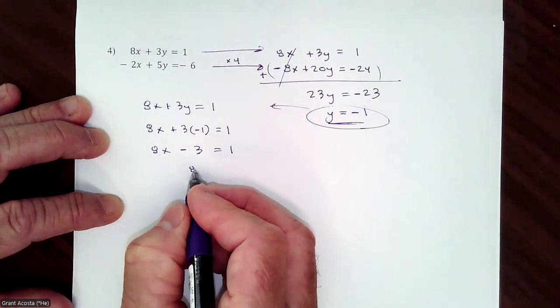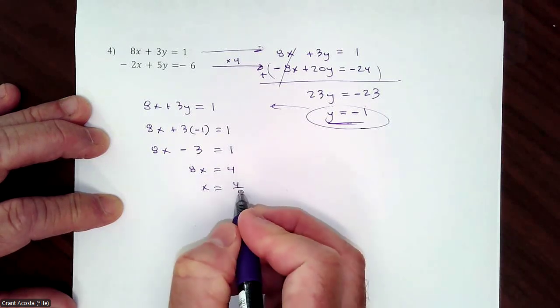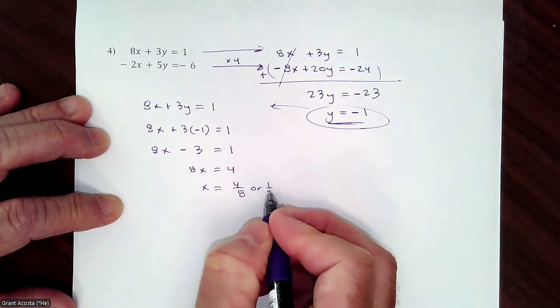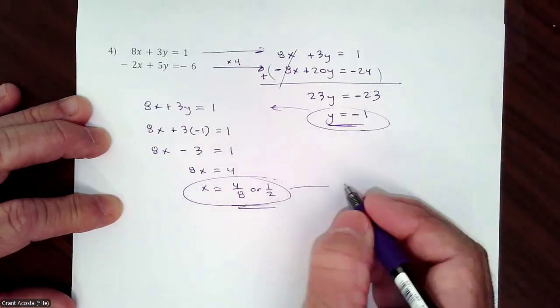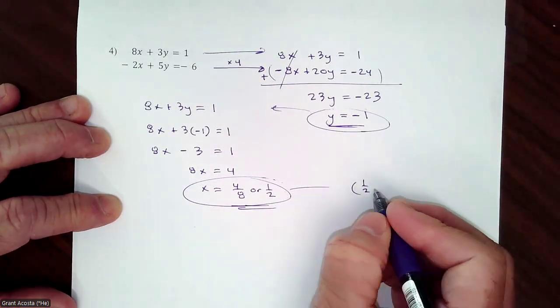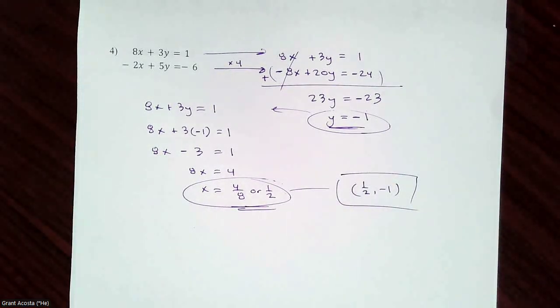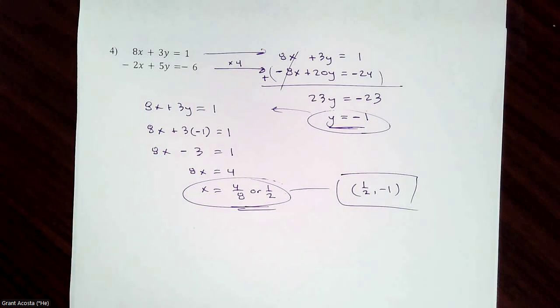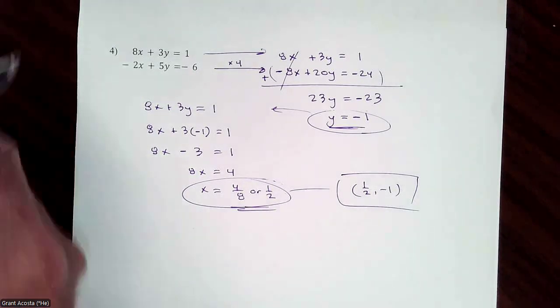Add the 3 over. 8x equals 4. So x would be 4/8, which is the same as 1/2. So my solution is 1/2, -1. So you can multiply the equation by anything you want, and that's still allowed.